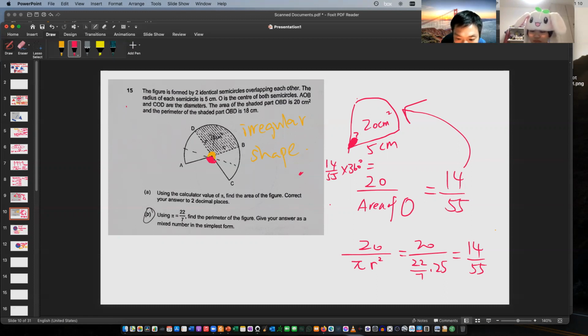I'm trying to do mental calculation. Cannot. It's 91.6363. No, fraction.